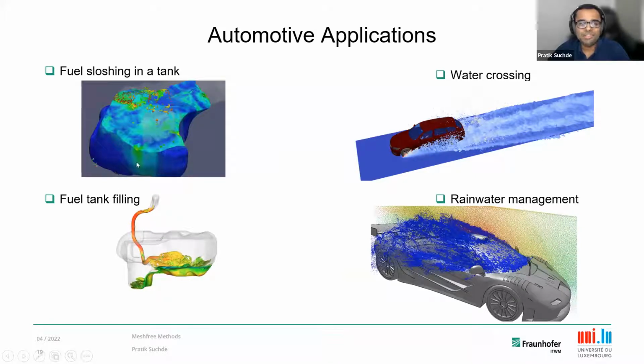The 2 applications on the left, sloshing and filling, are applications where you still see a lot of people use finite volume frameworks with a VOF method. However, in the applications on the right, today it's close to impossible to do these applications with a mesh-based framework within a reasonable amount of time.